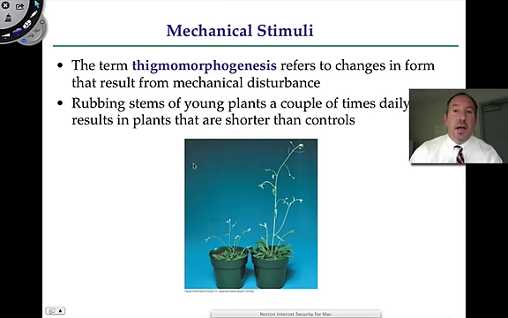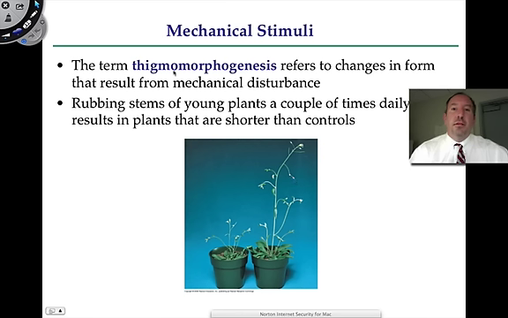And so another type of environmental stimulus is mechanical. Well, gravity isn't a mechanical stimulus, but this is another type. It's when you simply touch something, like we were talking about those vines a moment ago, wrapping around the pergola, or grapevines, or beans. This is when a plant wraps around something, or when you touch it and it affects its growth.